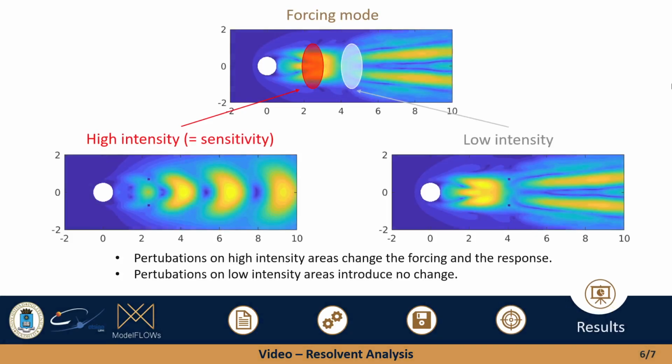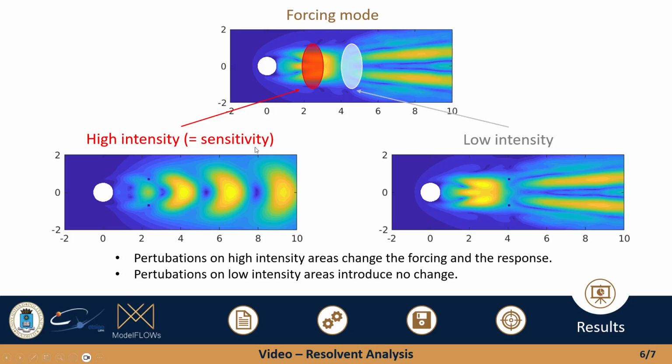Once we have our databases and the calibration of our model, the results that we obtain are, as I said, the forcing and response modes. The most interesting one is the forcing mode, because the areas that have high intensity, we have demonstrated in our article, are the ones connected to the sensitivity areas, while low intensity areas are not connected to this.